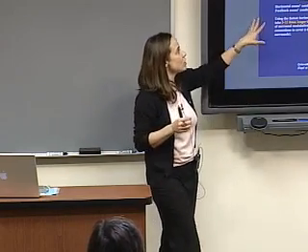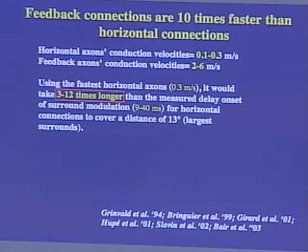So it looks like horizontal axons are very slow, partly because they're not myelinated, and feedback axons are 10 times faster than horizontal axons, so that it takes a lot less time to go from a higher area back to V1 than to travel long distances within V1.